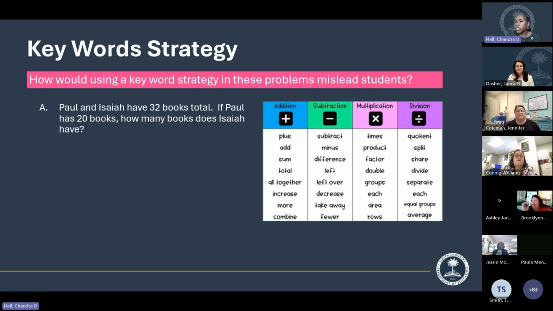So what keyword do we see in this problem? I see how many. Okay, how many? We also see total. Okay, and if you notice, that tells us that we need to add.